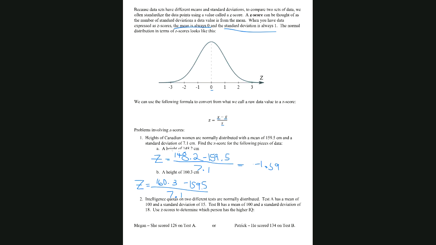So 160.3 minus 159.5 divided by 7.1. And so for this one I got 0.11. I actually got 0.112676, but we'll just say 0.11.